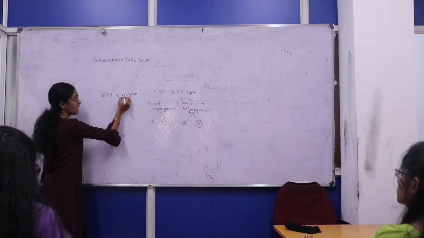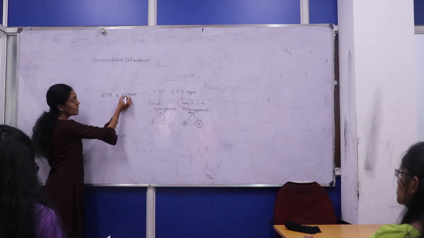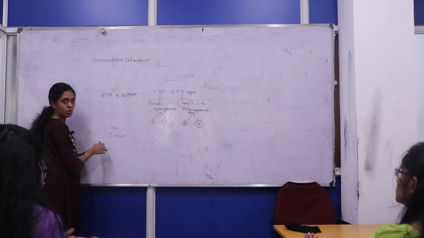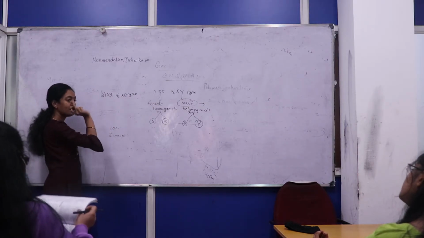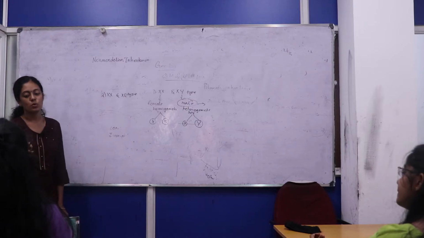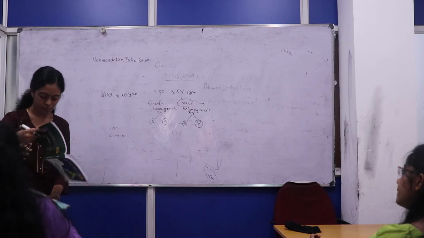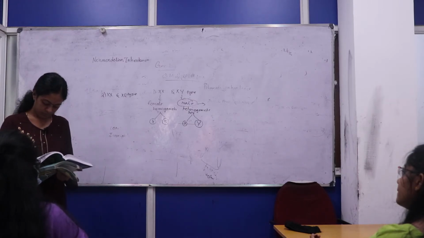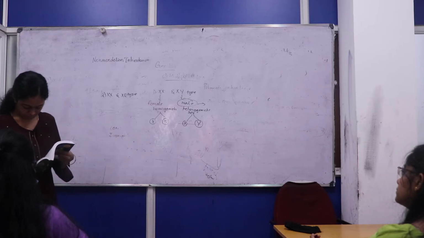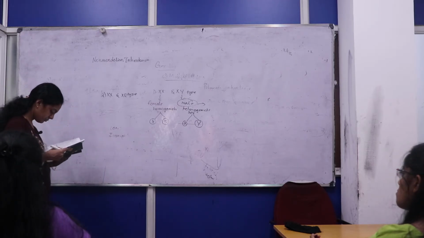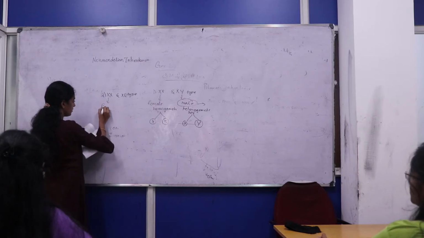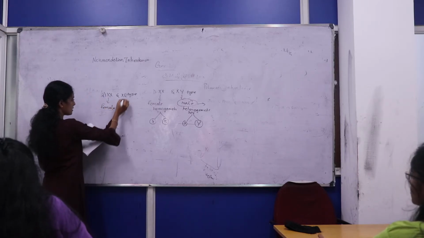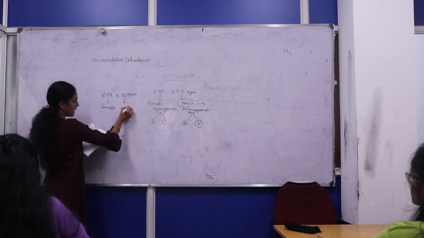Here there is no second chromosome. This O stands for 0. Okay, there is no second chromosome here. It's only one X chromosome. So here the XX is the female, okay, and XO is the male.